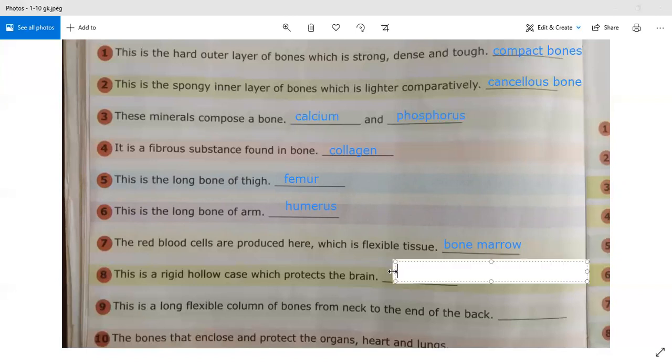Its name is cranium. C-R-A-N-I-U-M. Write down the spellings very, very carefully. Whenever you write, try to learn it by heart. A rigid hollow case protecting my brain is the cranium.